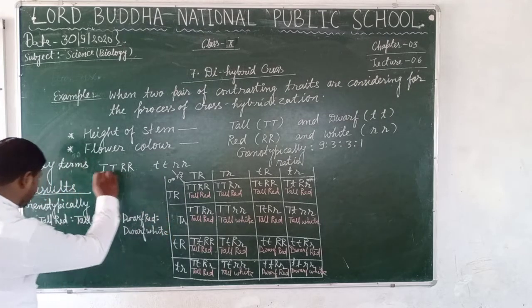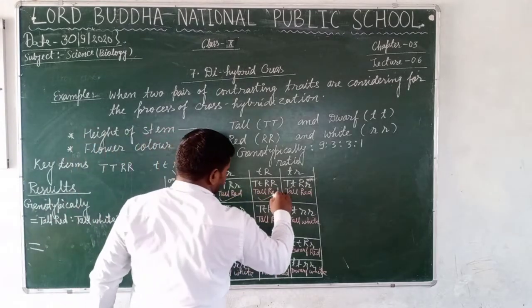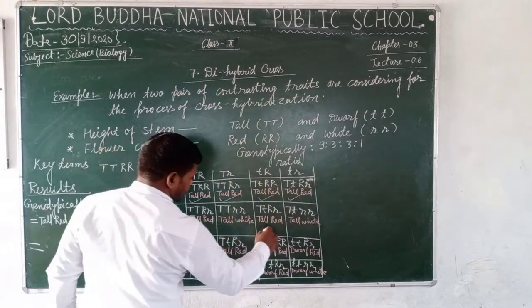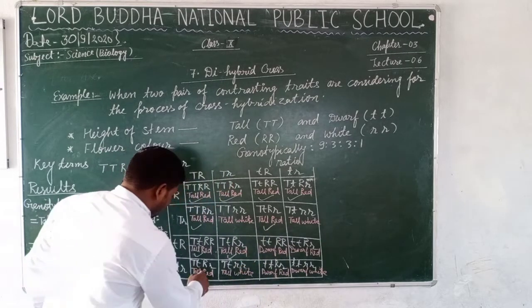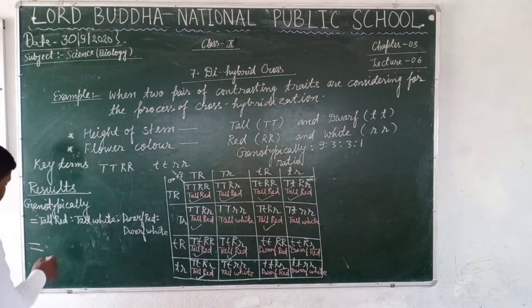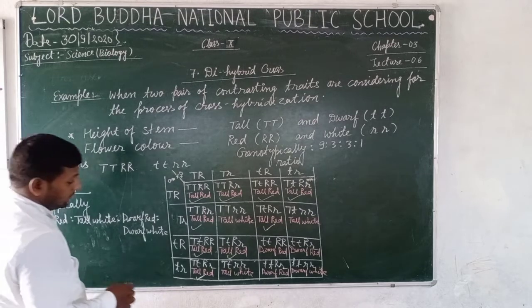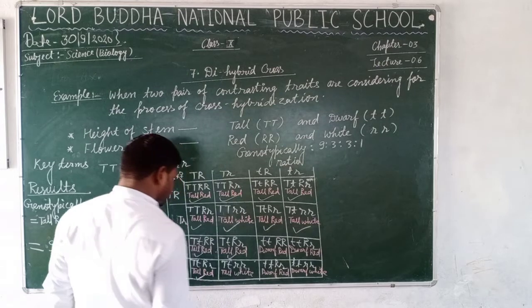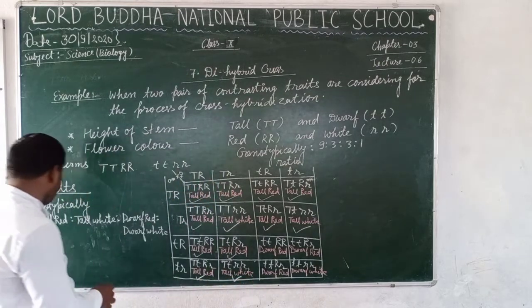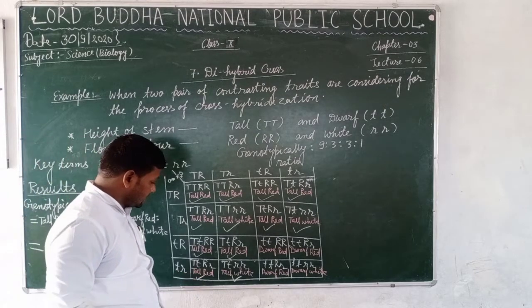Okay students, then calculate tall red: 1, 2, 3, 4, 5, 6, 7, 8, and here 9. These are the 9 tall red individuals obtained, and tall white: 1, 2, the 3. These are the 3 tall white individuals obtained in the F2 generation.